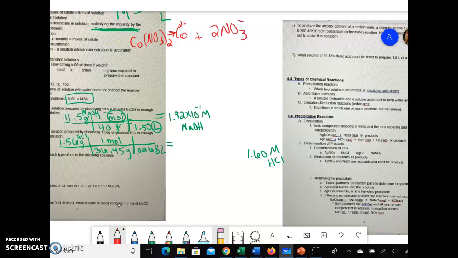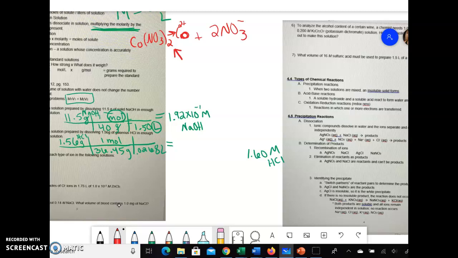So hopefully you can recognize when you see this compound that you have 2 nitrates for every 1 cobalt. You could even write out this dissolving, it's not really a reaction, but it's showing the dissolving as you break apart the particles. But you can show this as the dissolving so you can see the actual ions. And so you see you have 2 nitrate ions for every 1 cobalt.